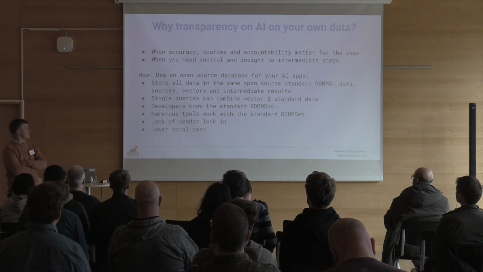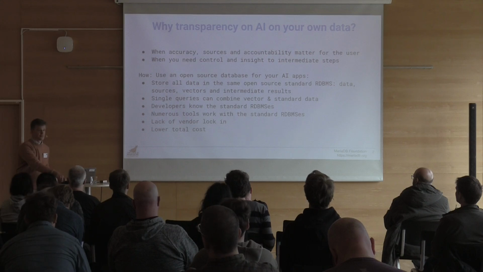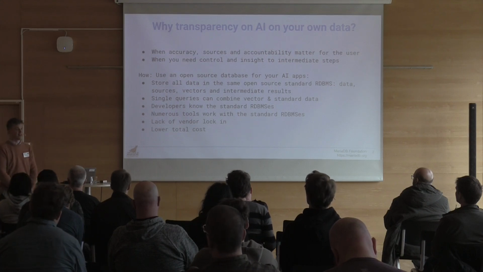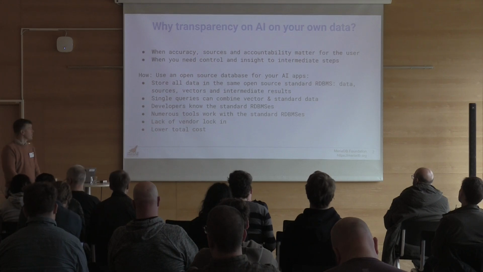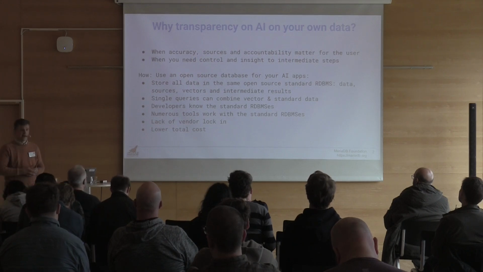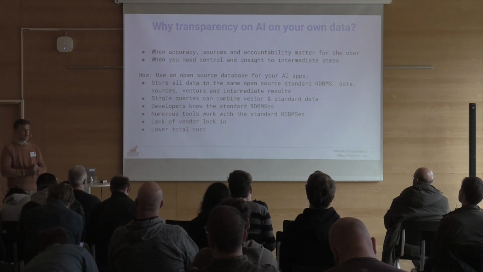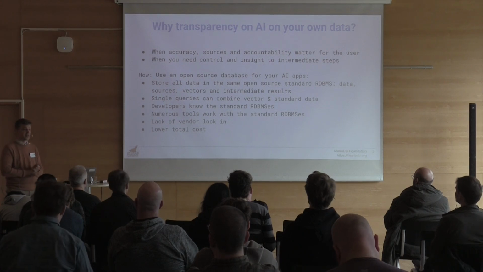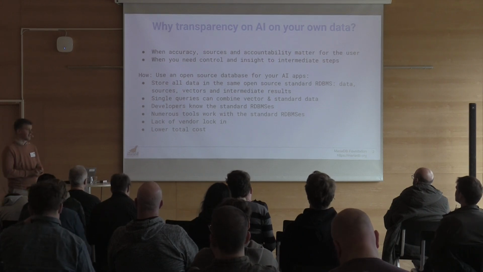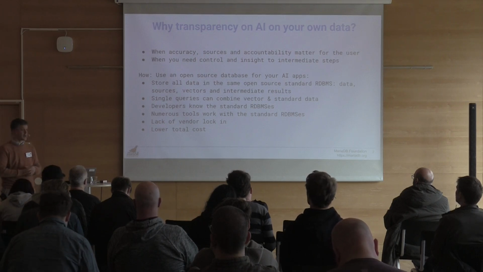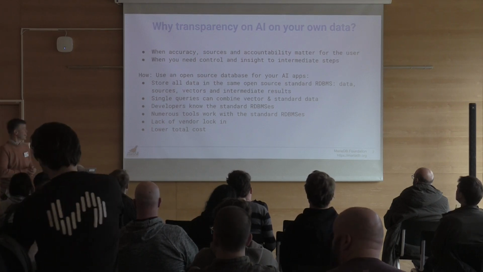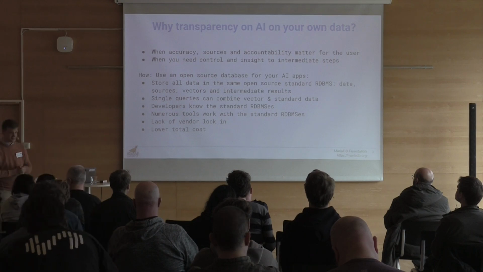So to use an open source database for a RAG solution, you have all your data in your database that you want to use to produce answers. And in addition to that, we want to vectorize it and store it as vectors, so that you can easily get related context. And then with single queries, we can combine those vectors with standard data.